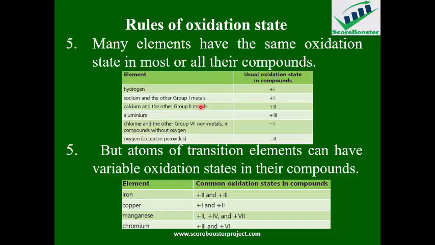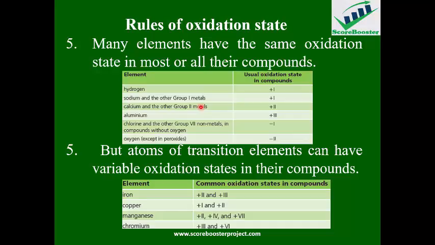The last one is that atoms of transition elements can have variable oxidation states. In fact, that is one of their properties. Iron can present itself in oxidation state 2 and 3.